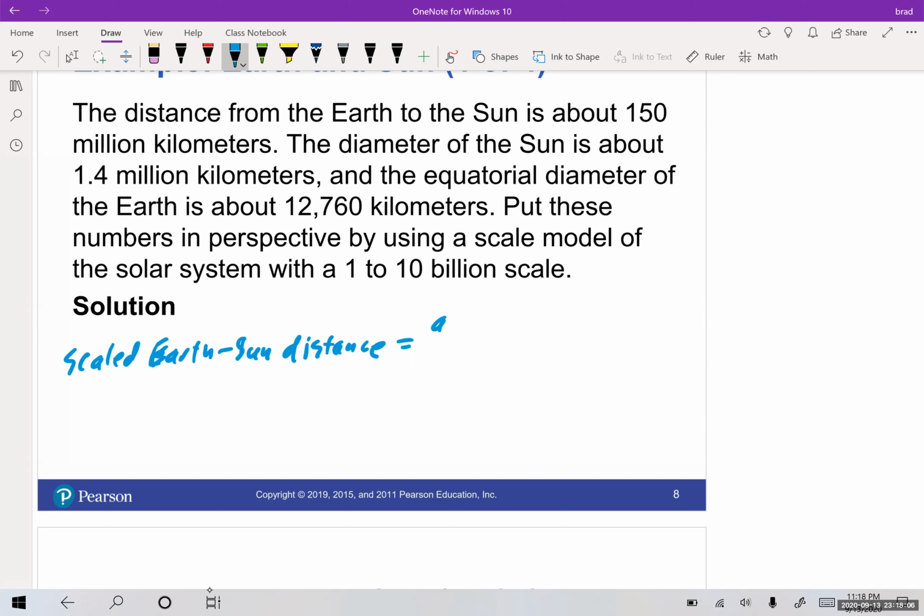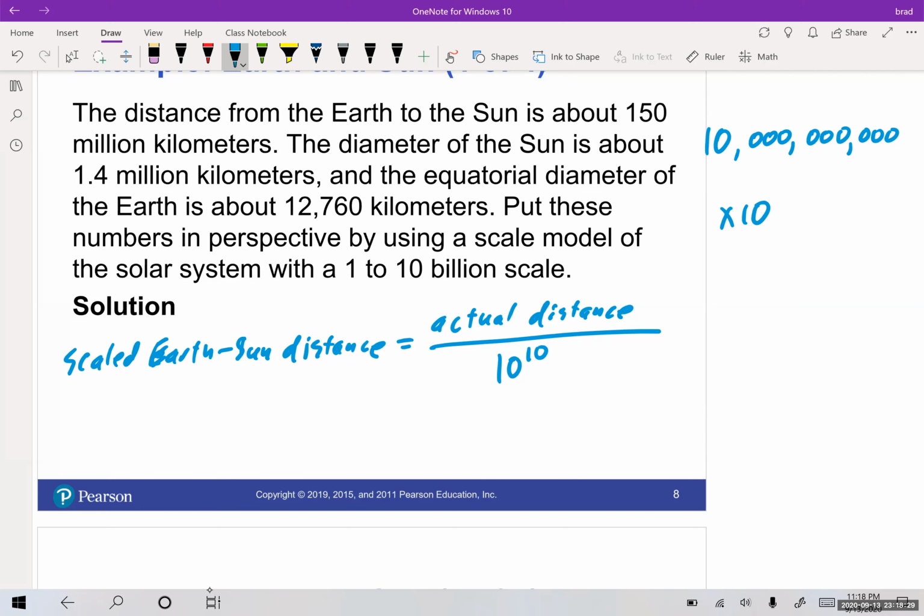So the actual distance divided by 10 to the 10th. Now, that's because if we wanted to write 10 billion, so that is millions, that's 10 billion, right? So how would you generate this by doing times 10 to the what power?